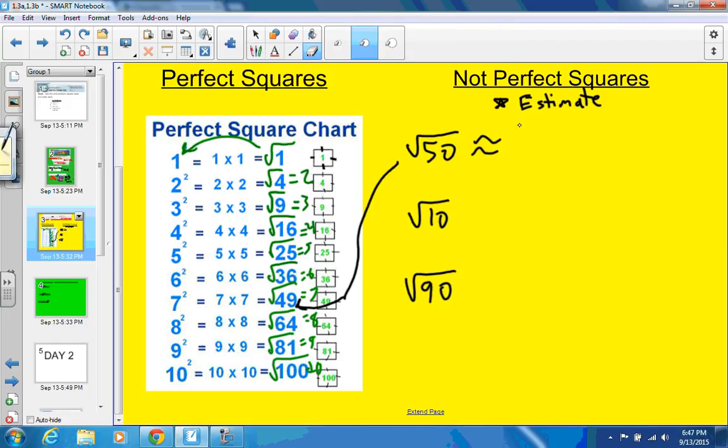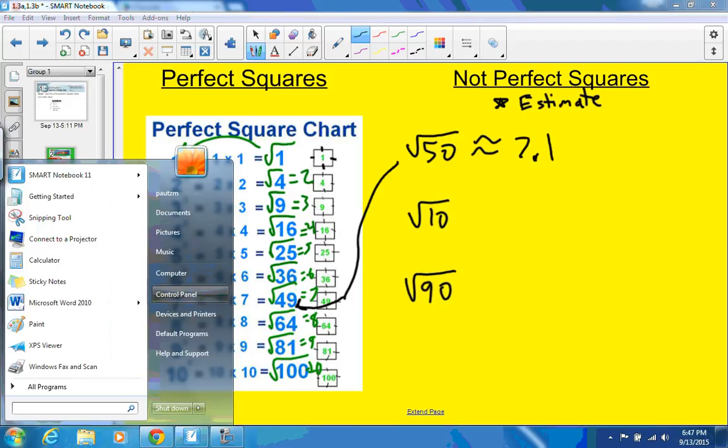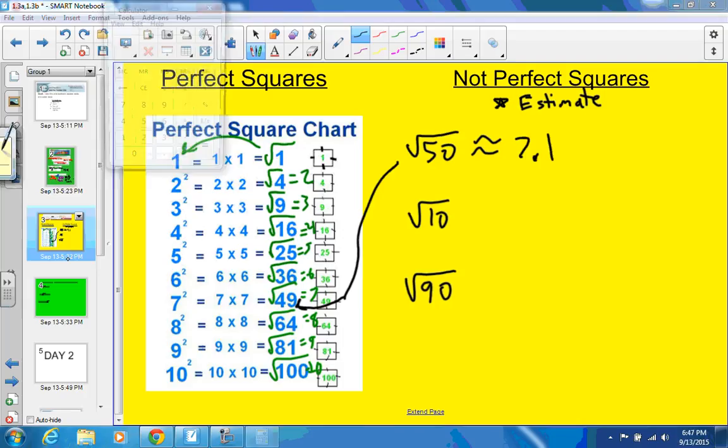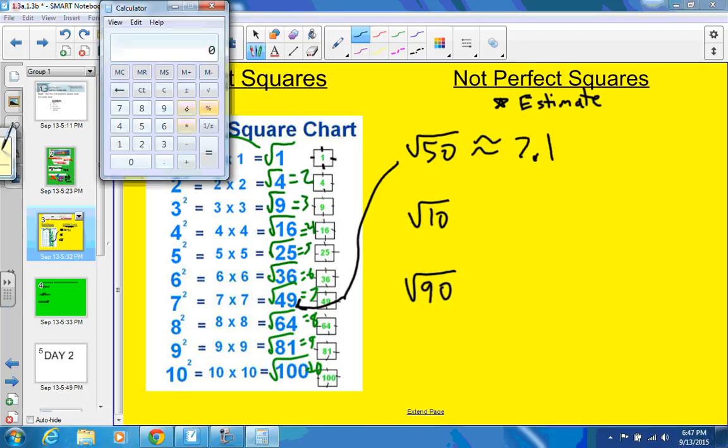The square root of 50. So what times what will get you to 50? It's going to be just, let's say 7.1. That's an estimate because it's just greater than the square root of 49. And I'm going to show you, you can do square root on here. So I do 50 and square root. So it's 7.07. That's almost 7.1. So that was a good estimate.